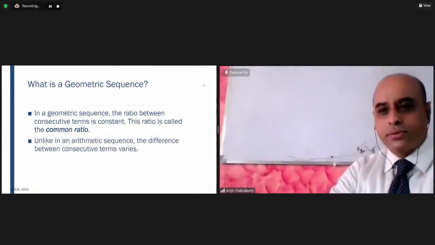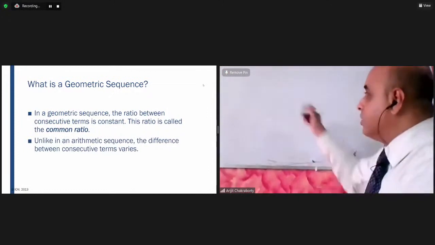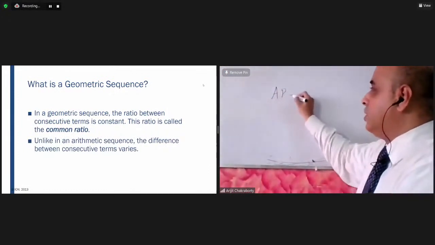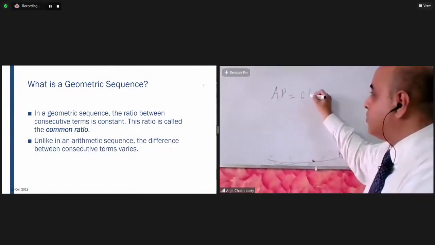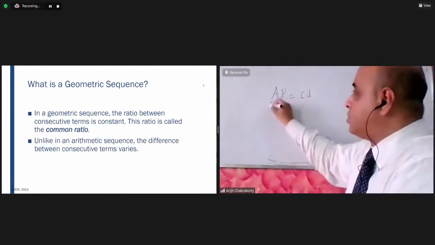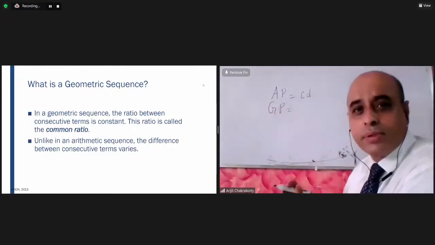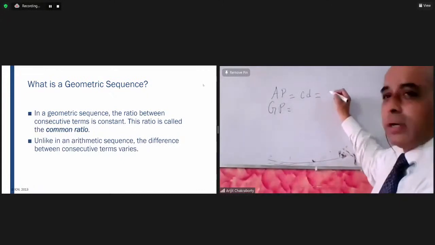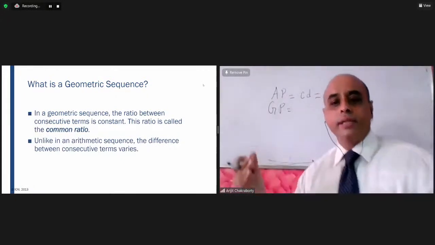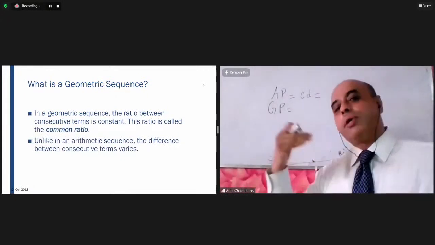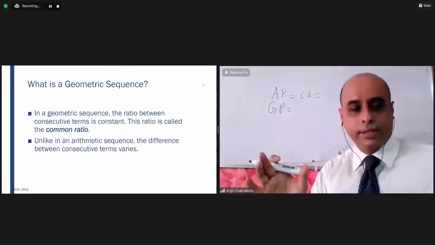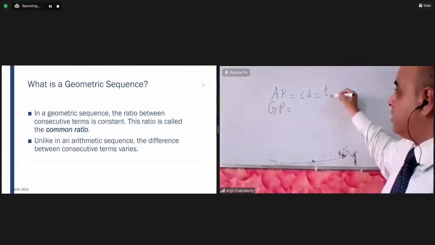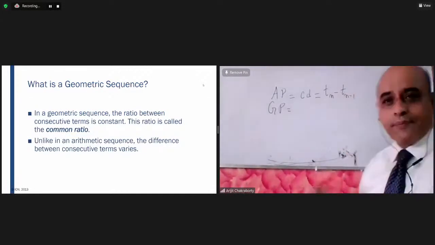So if you look at the screen here, when we think of AP, we use the term common difference. You remember it was the difference between the second term and the first term, or in general, term Tn minus term Tn minus 1.